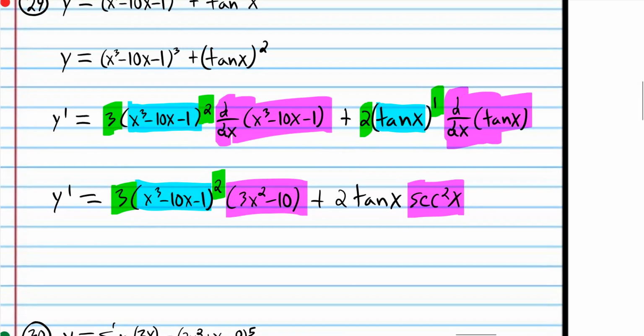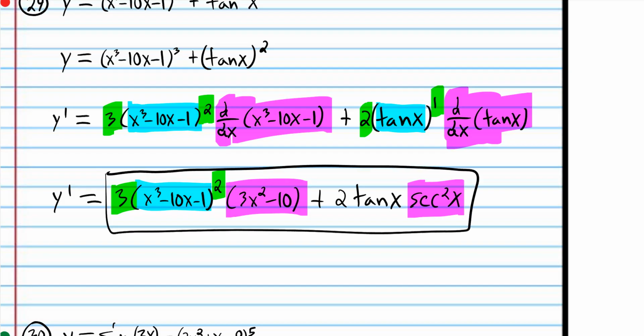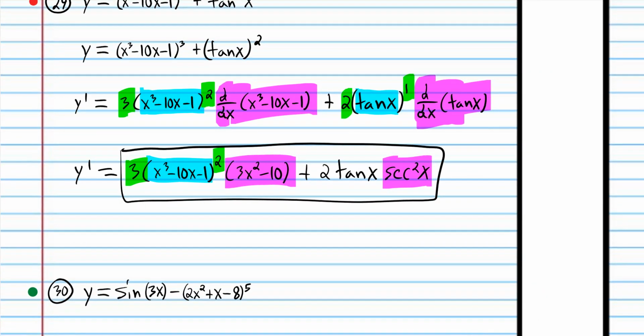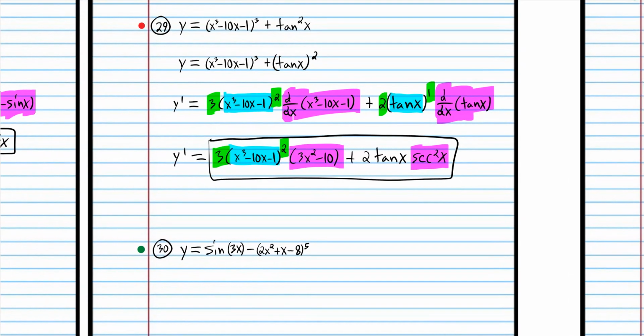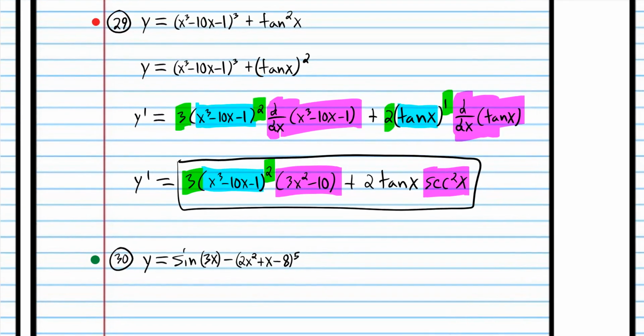Okay, and that's really all that we can do for that problem. I don't see any way that we can simplify that. So I want you to try a problem like that. Go ahead and try number 30. And when you come back, we'll do it together.